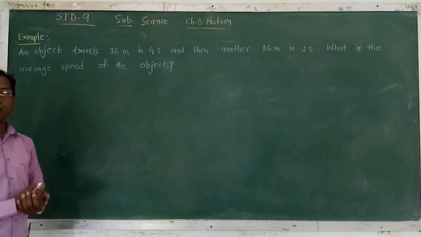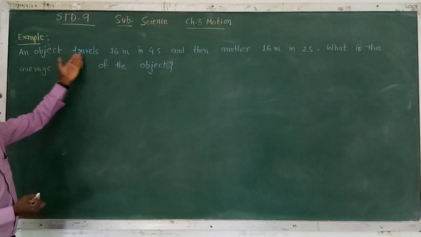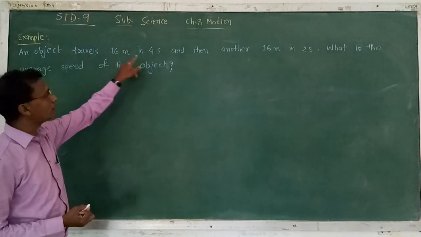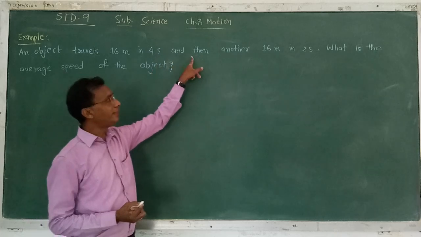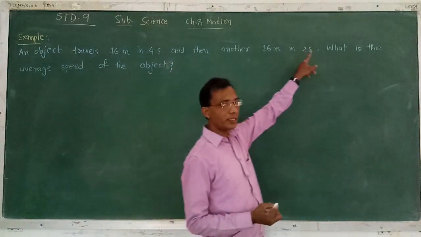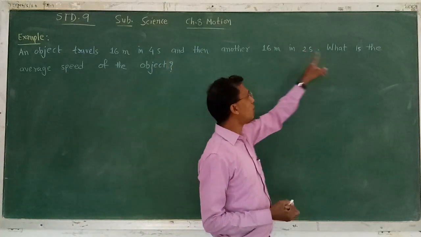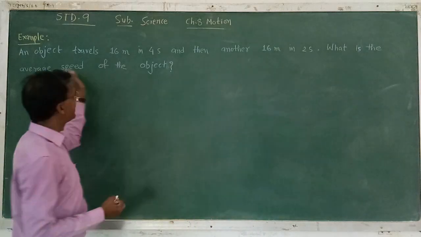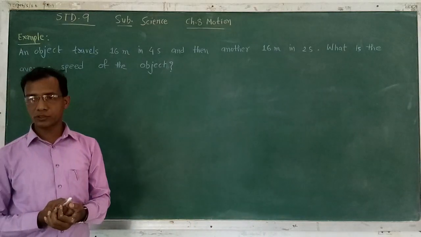Now we take another example. An object travels 16 meter in 4 seconds and then another 16 meter in 2 seconds. What is the average speed of the object?